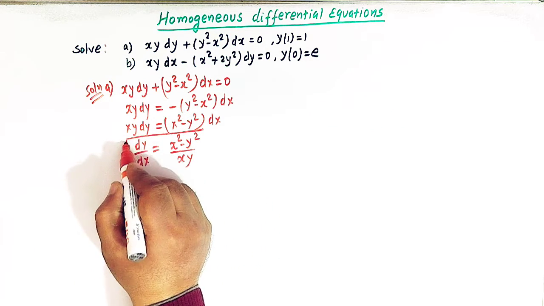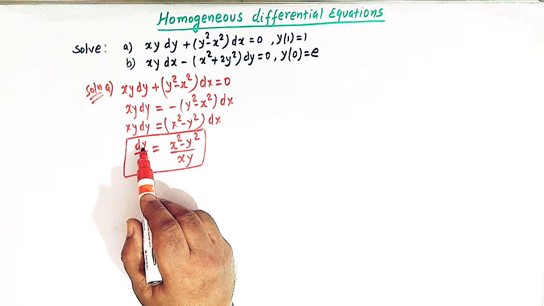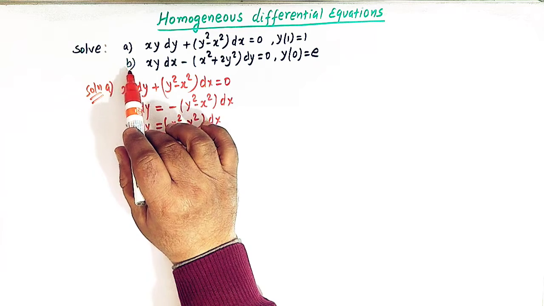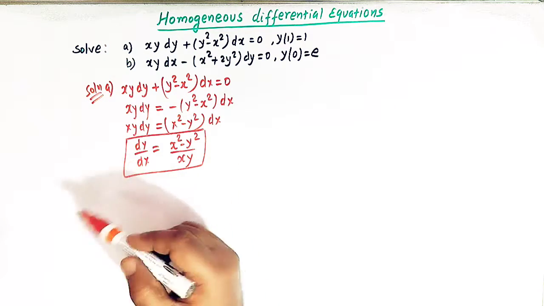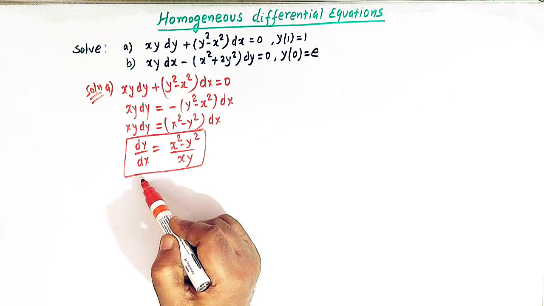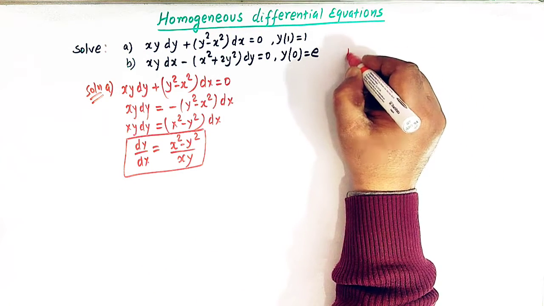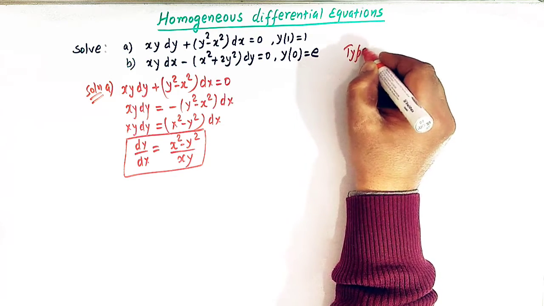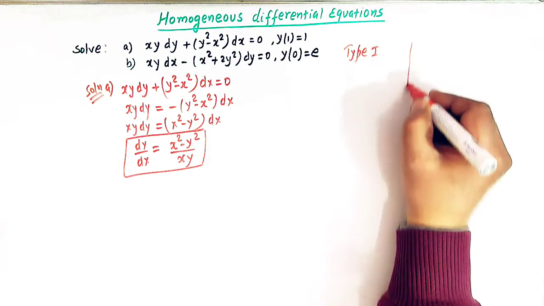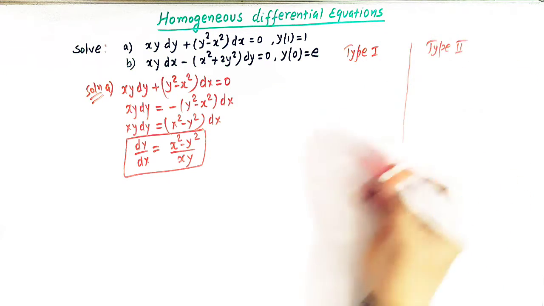So that is the first step, to get an expression for dy over dx, right? And later on we'll see that in the second equation we have to form an expression for dx over dy, right? So we are here discussing two types of homogeneous differential equation, that is type 1 and type 2, right?